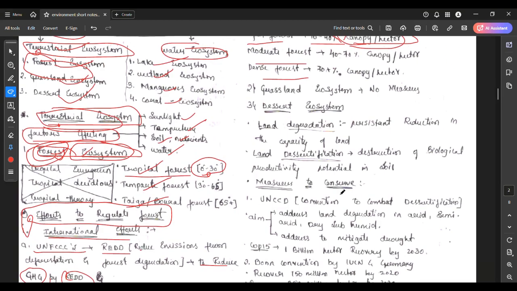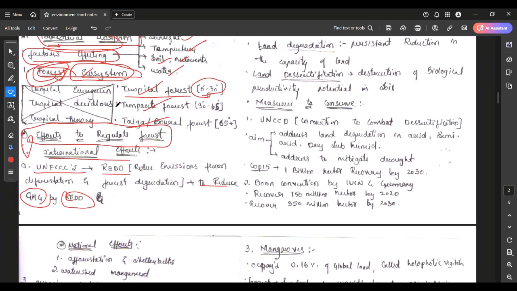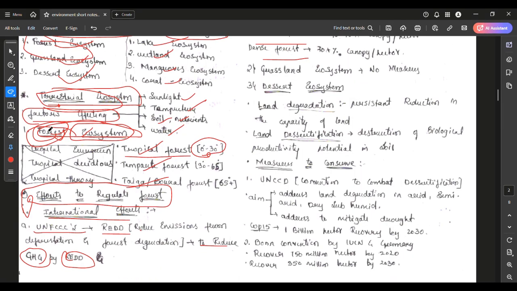After defining that, you can classify the forest. The world contains three major types of forest: tropical forest, temperate forest, and taiga forest. And you can also elaborate on this. The tropical forest also contains tropical evergreen forest, tropical wet evergreen forest, tropical deciduous forest, tropical wet deciduous forest, and tropical dry deciduous forest. Like that, you can again elaborate these points.